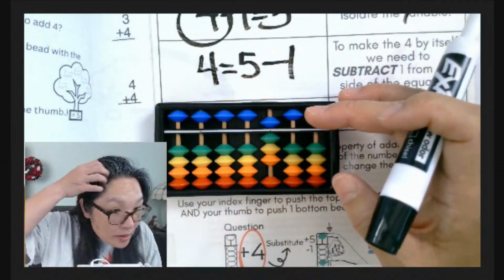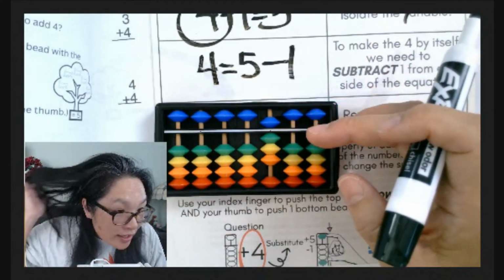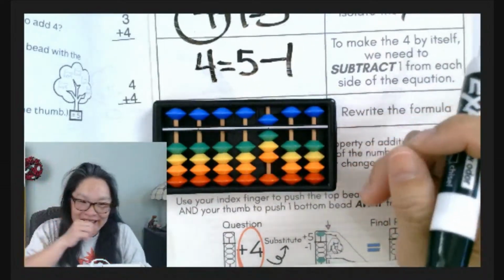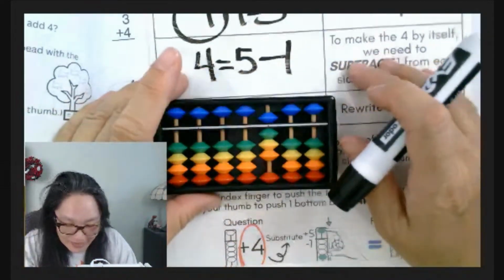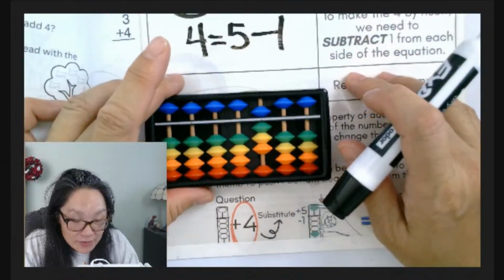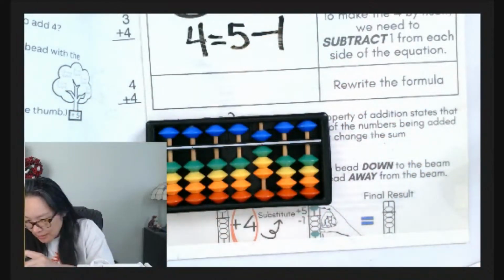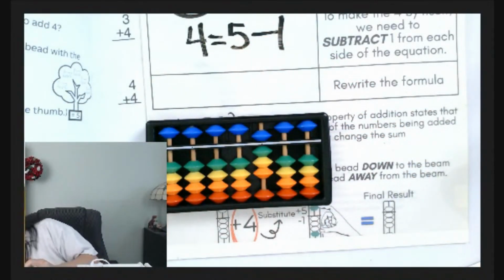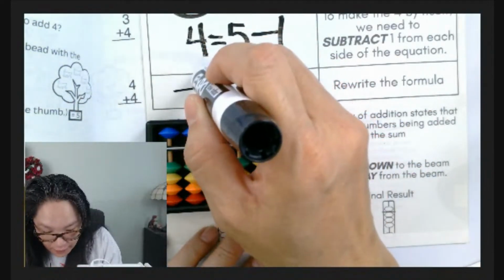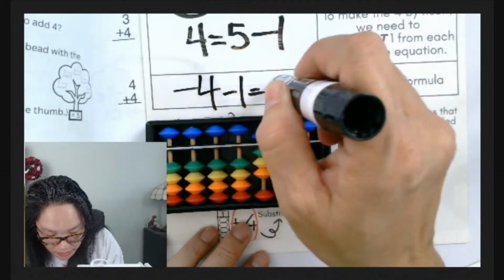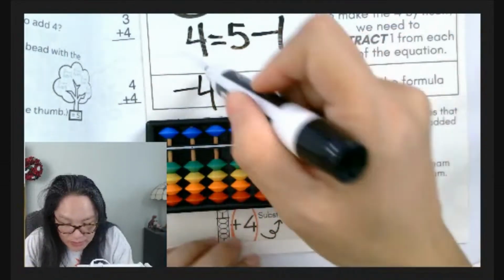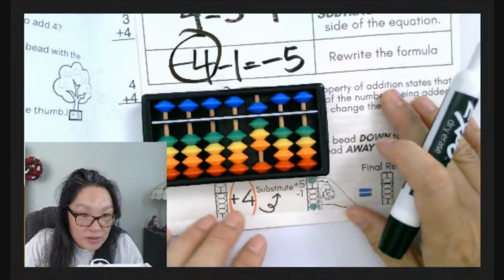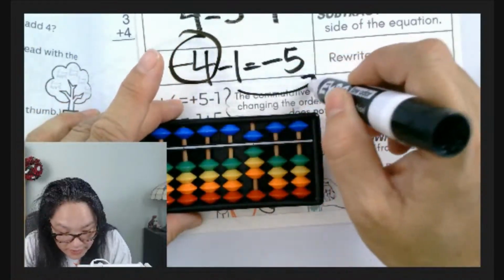So what is the minus 4? Well, it's the same concept, but now this is where we kind of have to go negative. We do -4, -1 equals -5. Why? Because we need to minus the 4. To minus the 4, we need to move this over to the other side.